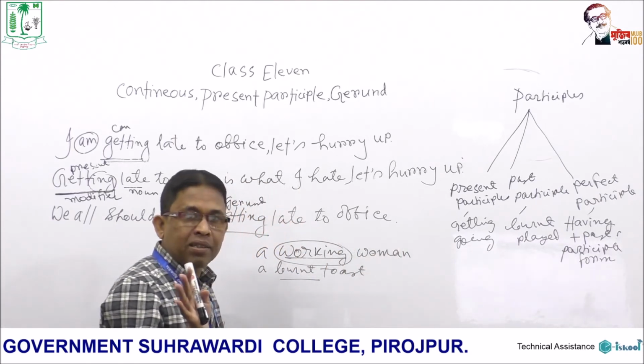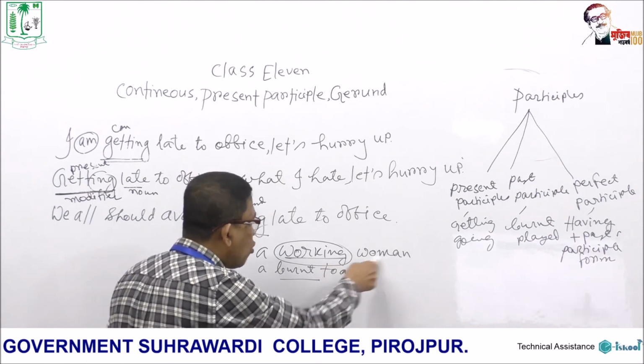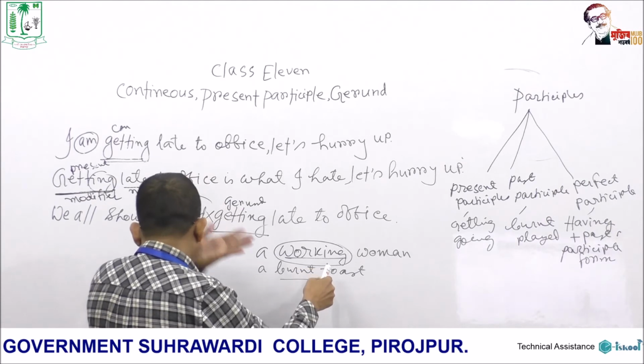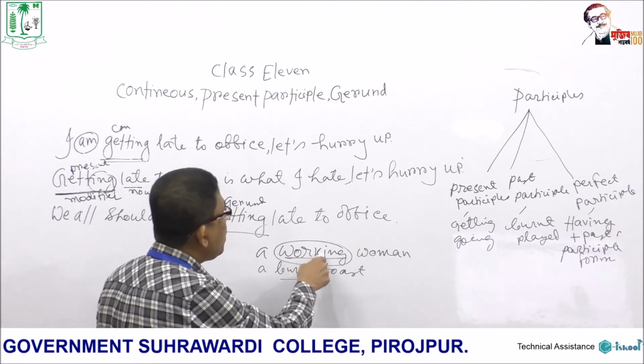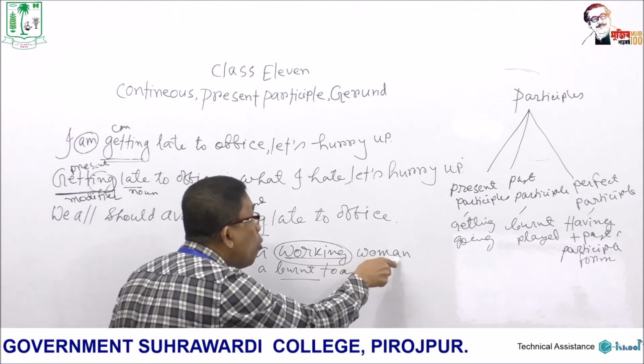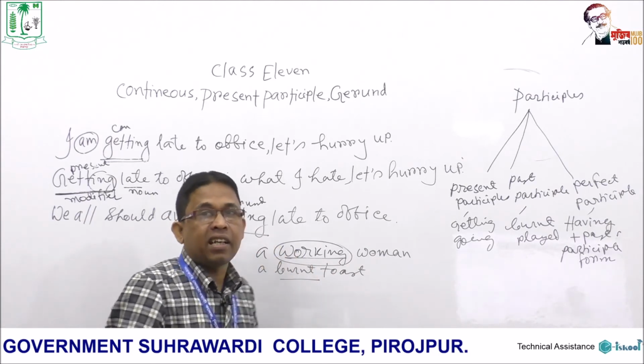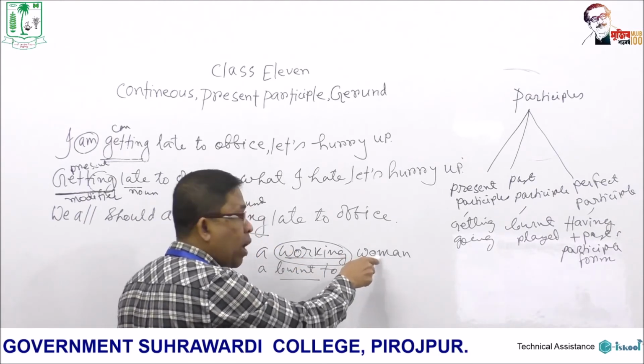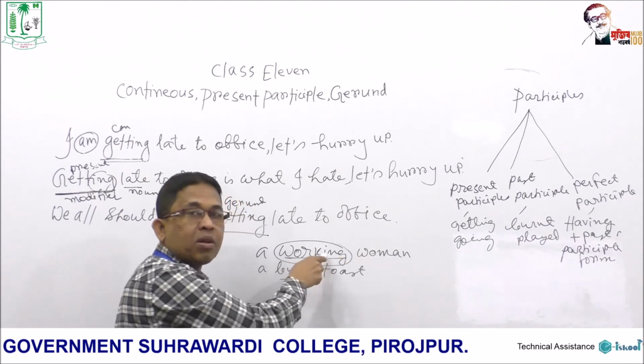What type of woman? A working woman. So here working on the one hand acts as a verb, and also by modifying woman, it acts like an adjective, as the word working modifies the word woman. So, this is a present participle.